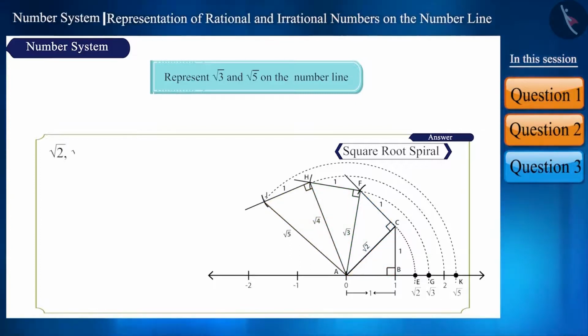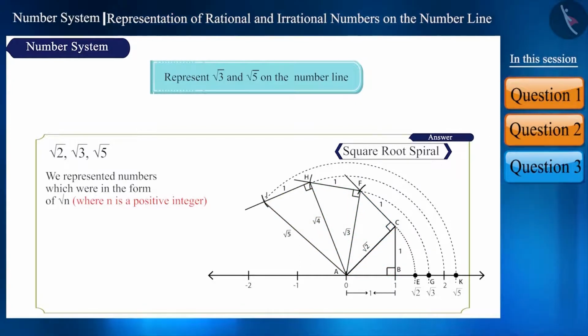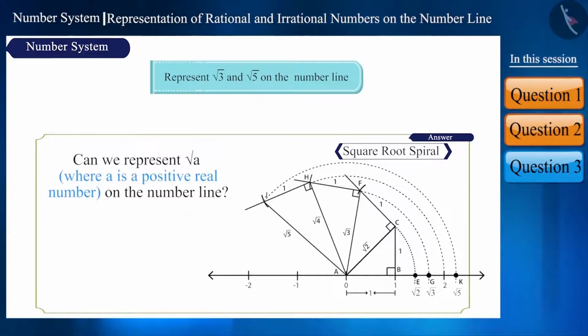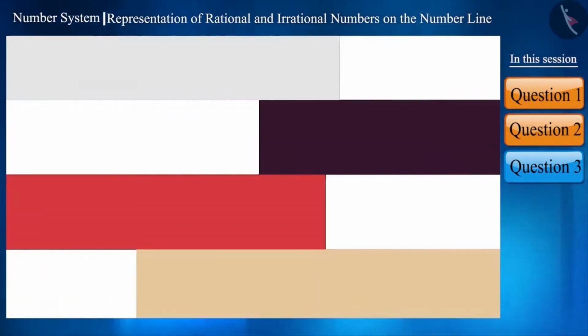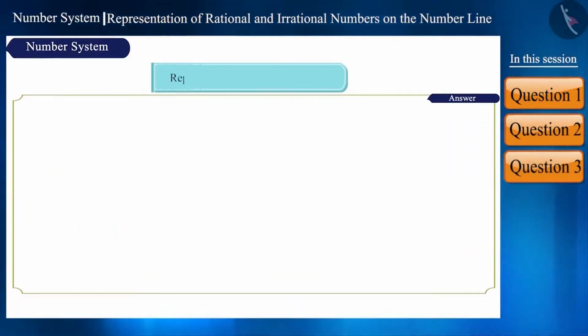Friends, till now we represented numbers which were in the form of root n, where n is a positive integer. But can we represent root a, where a is a positive real number on the number line? Yes, we can. Let's take an example for the same. Represent root 4.5 on the number line. Let's see how to do the same.